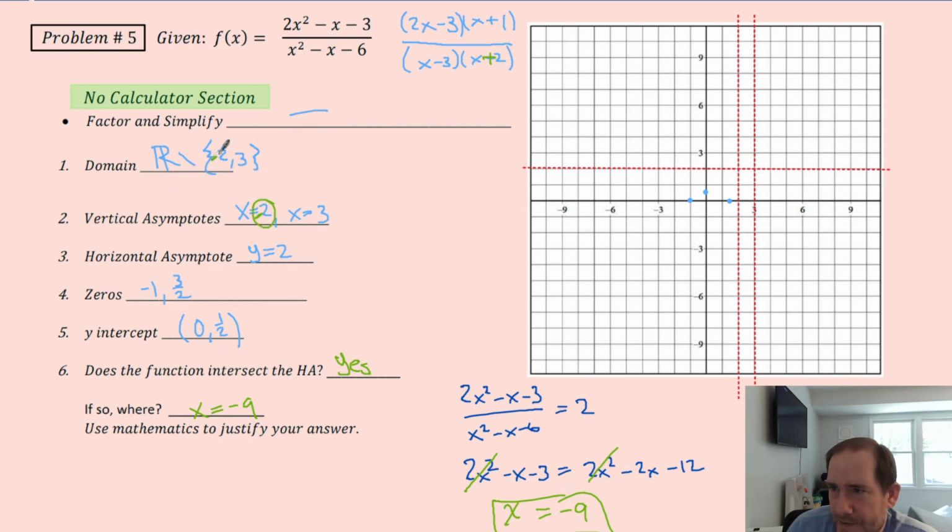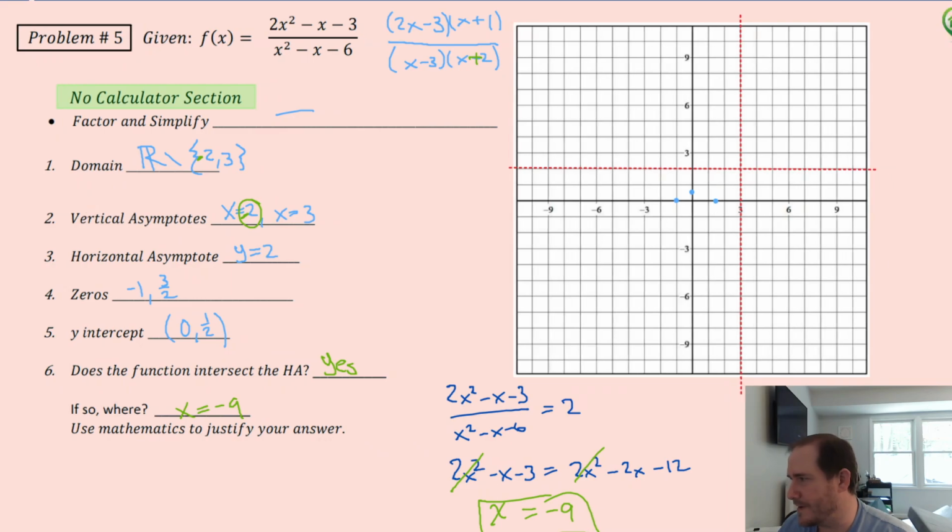That means negative 2 is getting removed from our domain. I don't think it changes anything else though, except for our graph. Which means I should be able to move that line. It's hard to move these lines. Just delete it. Do it again. Excuse me, that feels a lot better.